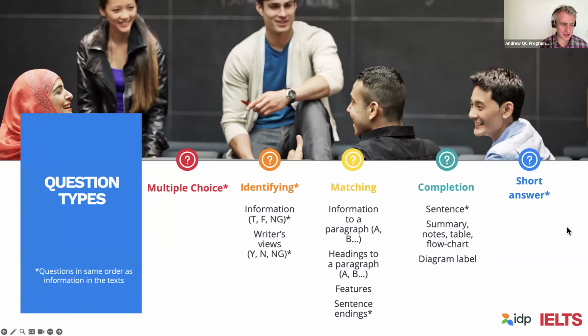Identification of information in the text: true, false, or not given. That's what NG means.